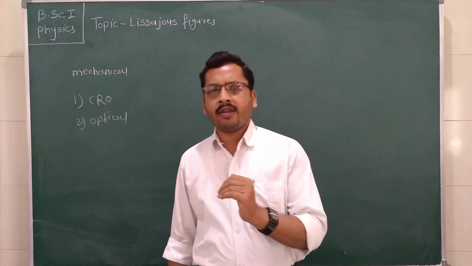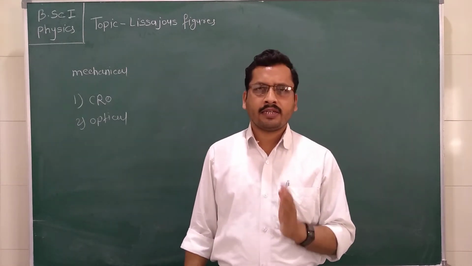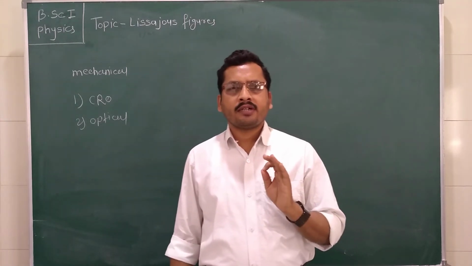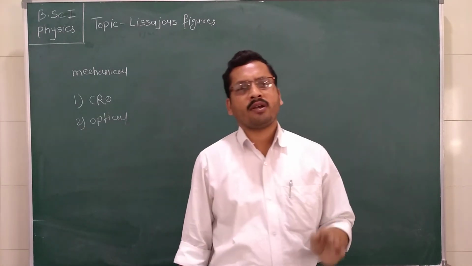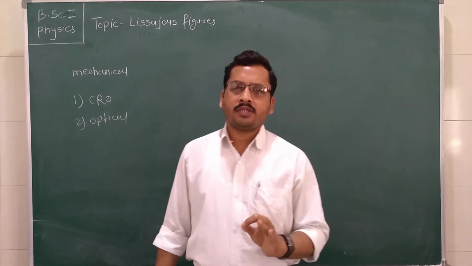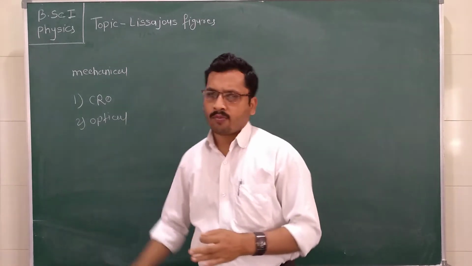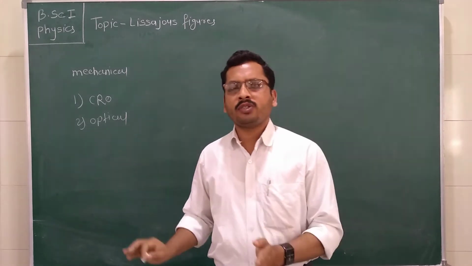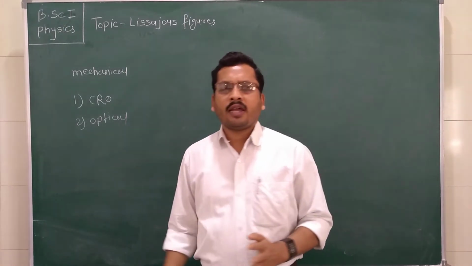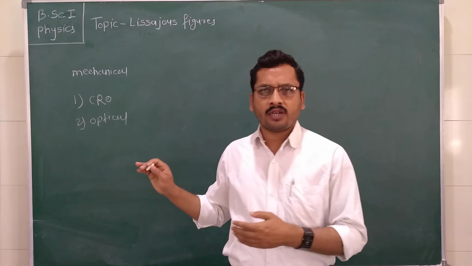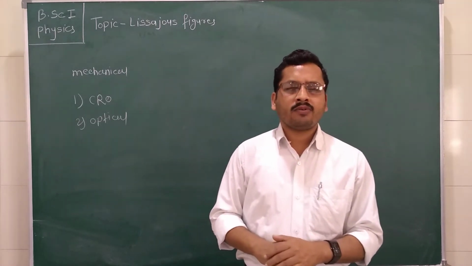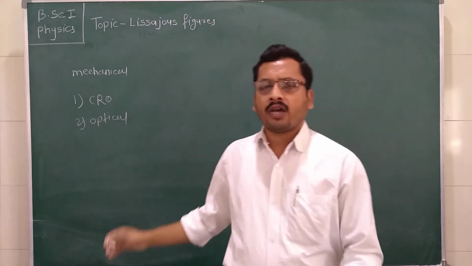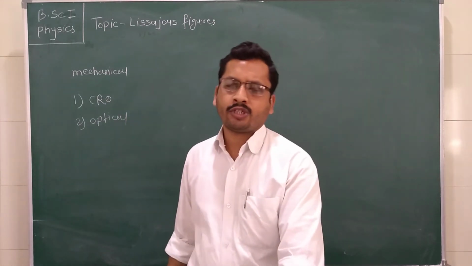Along the x-axis the input is given and along the y-axis the output is taken, and we get the Lissajous figure on the monitor of a CRO. The optical method means some mirrors are used, due to which we get a Lissajous figure. Now we have discussed the methods of forming the Lissajous figure.